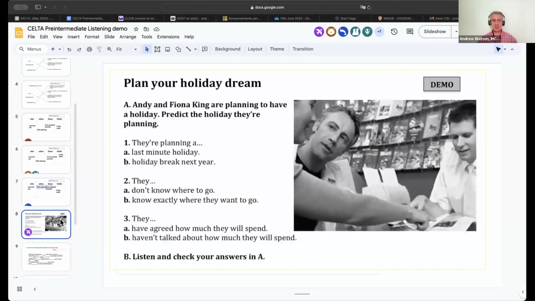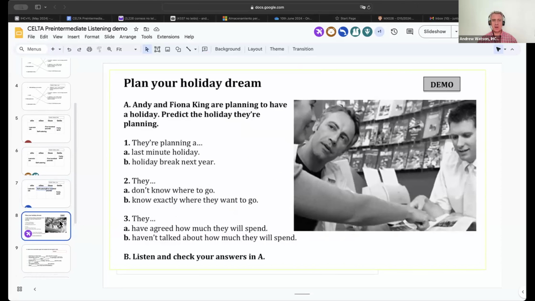Is it that they have agreed how much they will spend or they haven't talked about how much they will spend? Okay, so take a piece of paper and write 1, 2, 3, and then write down your prediction. Is it A or B for each one?